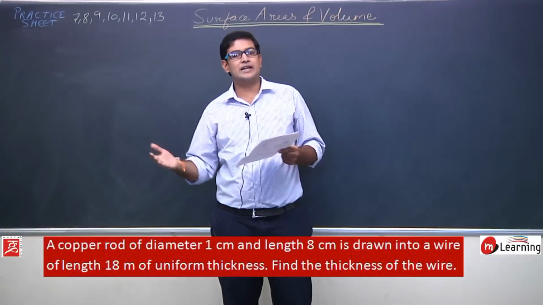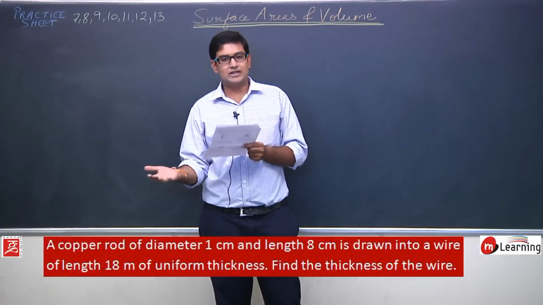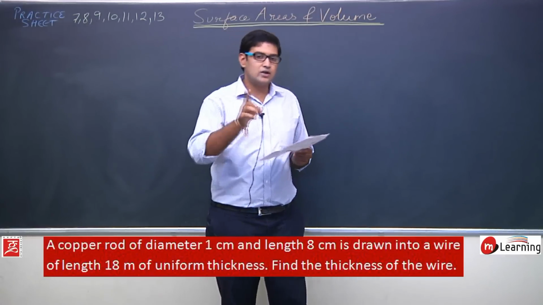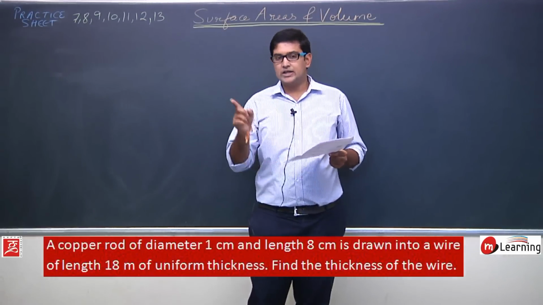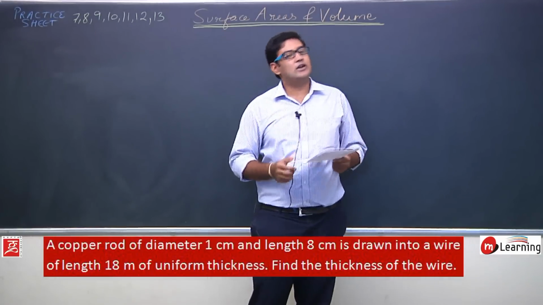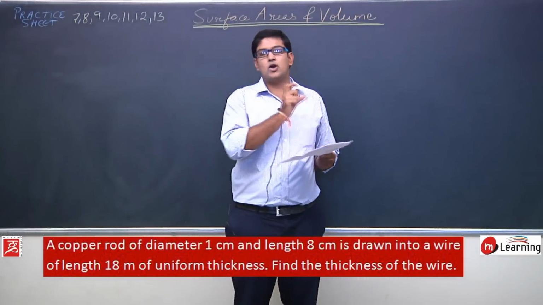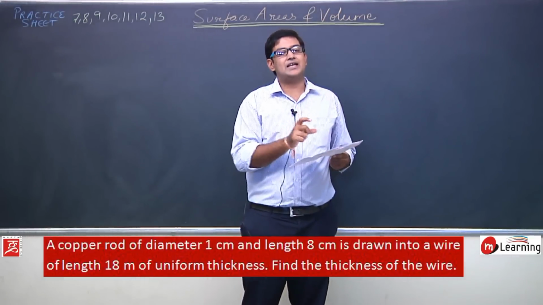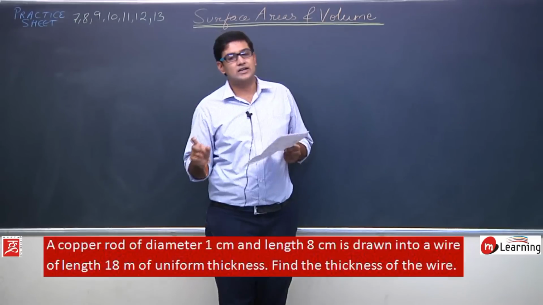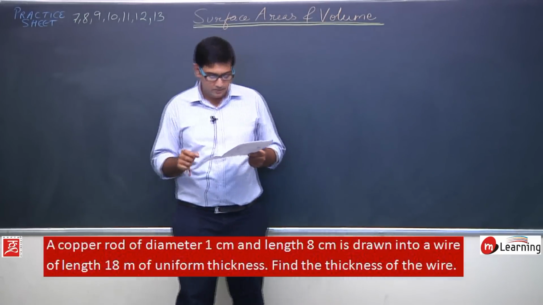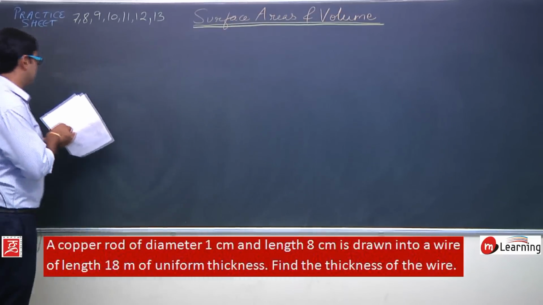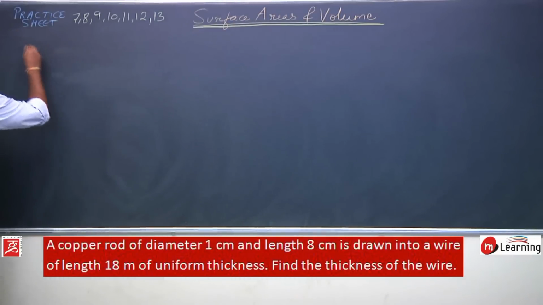All the copper is used to make the wire, so the quantity of copper will not change. Since the quantity of copper will not change, the volume that the copper rod has is the same as the volume that the wire is going to have. So this is the concept in this question. Again, this question is based on conversion of solids.